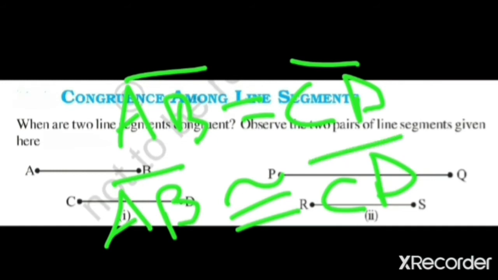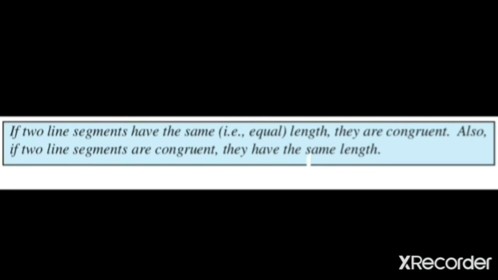Clear? If two line segments have the same length, they are congruent. And also if two line segments are congruent, they have the same length. So we can represent congruence in this way: line segment AB is congruent to line segment CD.